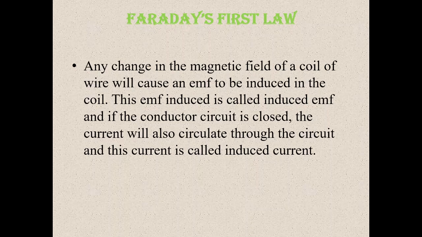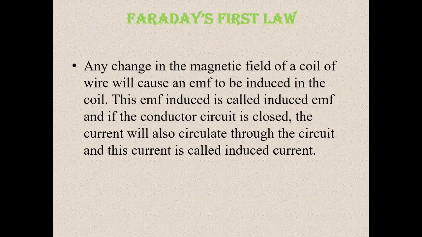We have a coil made up of wire, and introducing the magnet or moving the magnet towards and away from this coil will induce the EMF in this coil. This EMF is called induced EMF, and if the conductor circuit is closed, the current will also circulate through this circuit, and this current is called induced current.